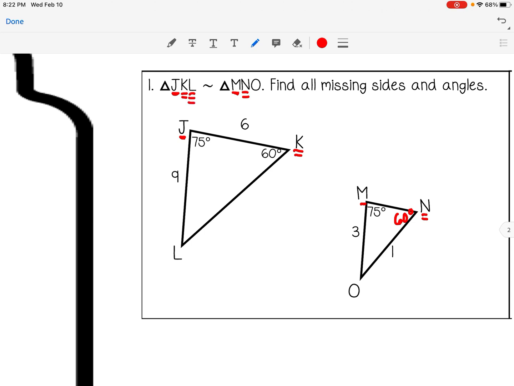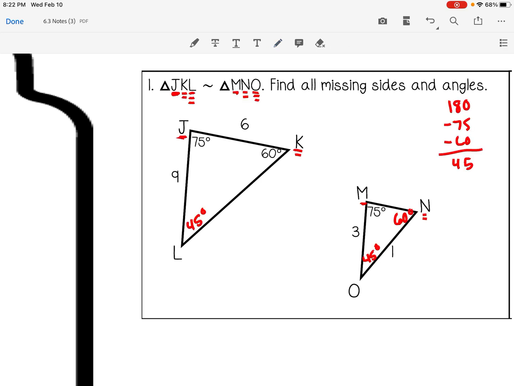And then L corresponds with O. We don't have either one of those. However, we do have two angles of our triangle. So if we take 180 and subtract the two angles that we do have, that will give us whatever we have left, which I believe is 45. That's what we have left over for angle L, which is going to be the same for angle O.